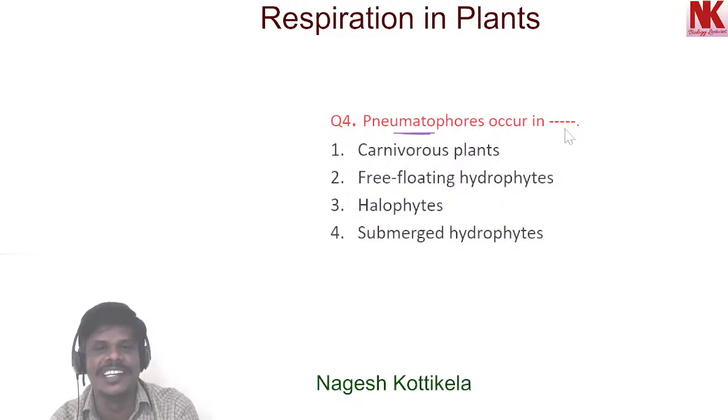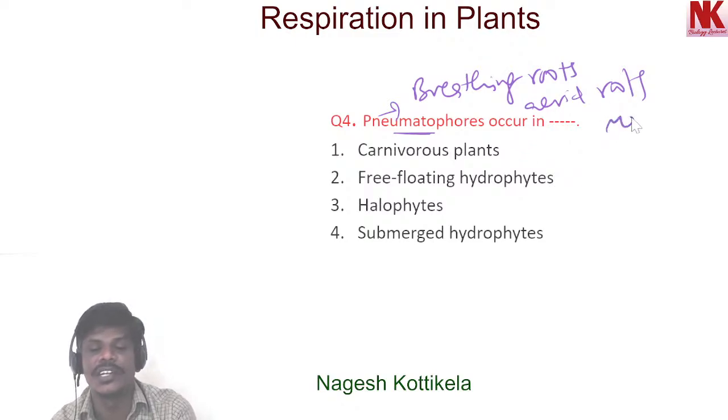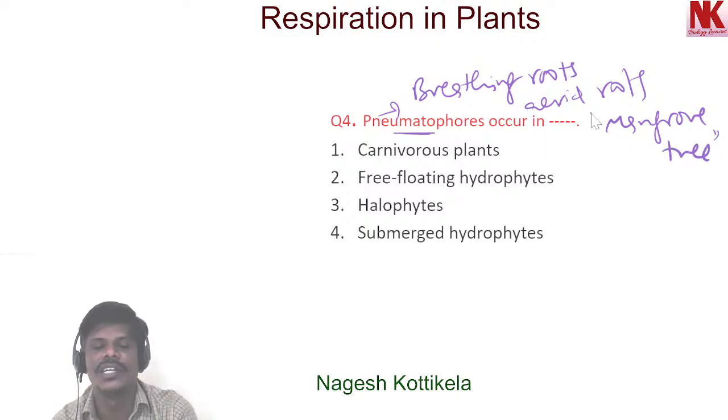Pneumatophores occur in. What are pneumatophores? These are the breathing roots, or the aerial roots. We have just discussed that they are found in the mangrove tree, and we have seen the picture of pneumatophores as well.